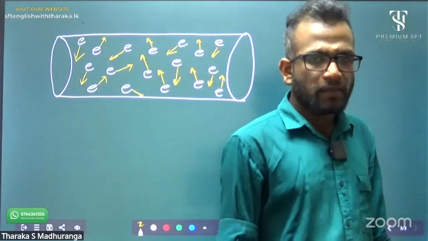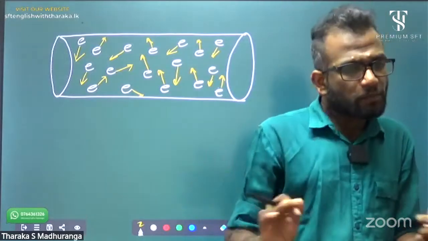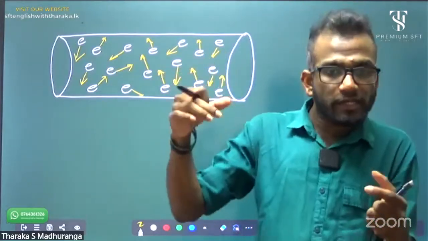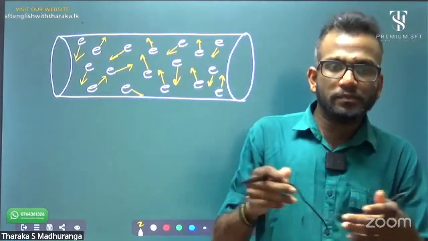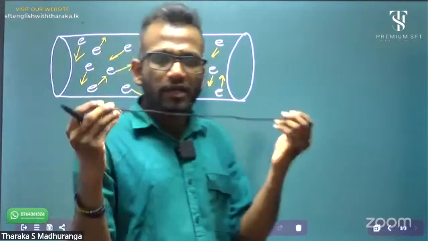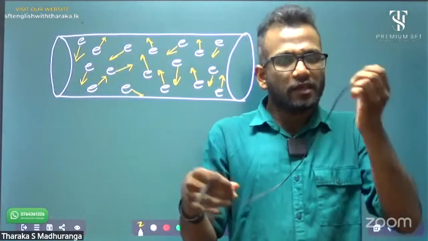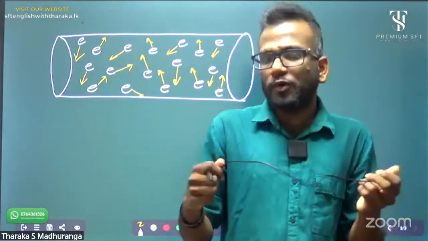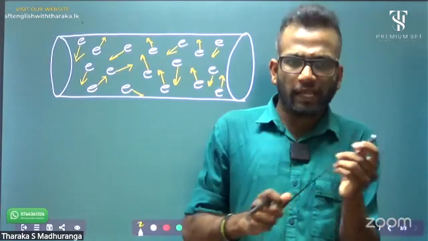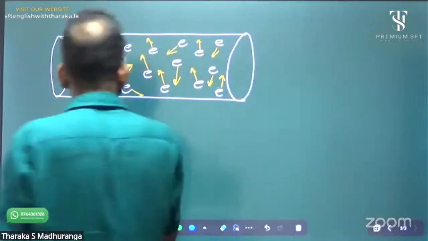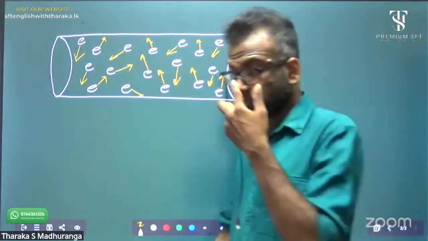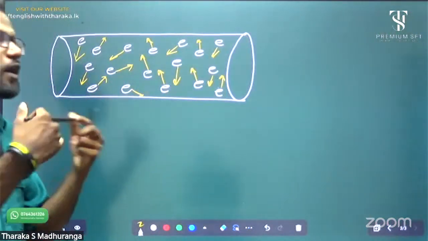If there is no potential difference, meaning it is not connected to a battery, a normal conductor wire's free electrons are freely moving, randomly moving, with no specific direction. Up to now, okay. Simple story. Free electrons are randomly moving.